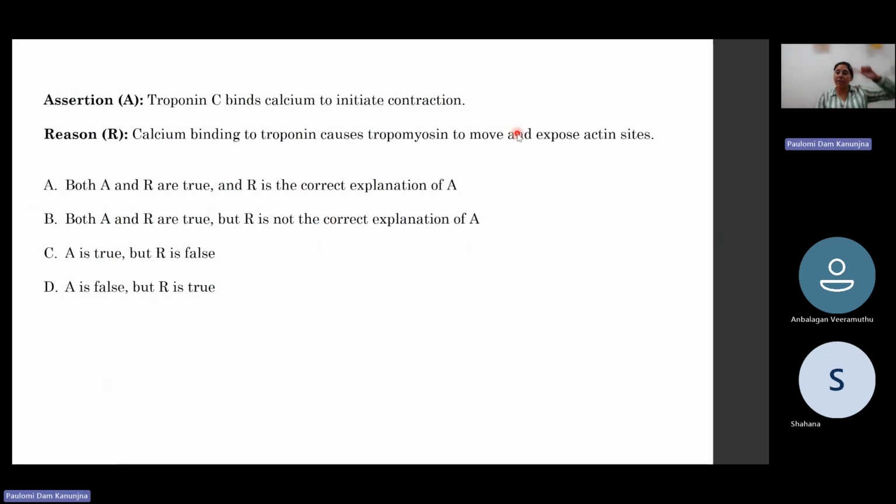And if this is correct, we will relate it back to the figure that we have just seen. Take a guess whether it's correct or wrong.